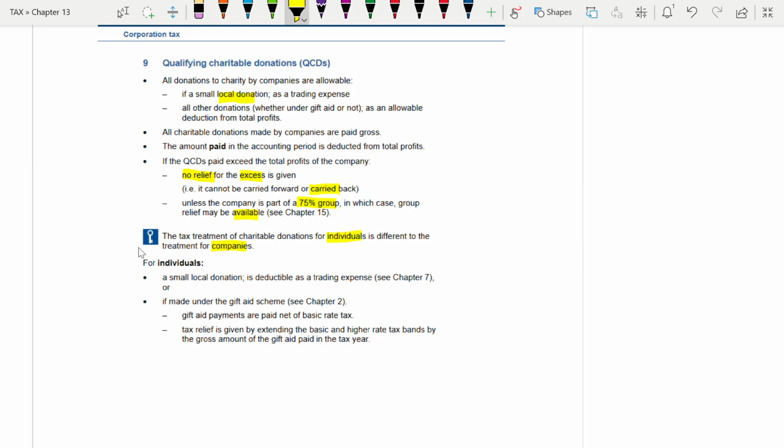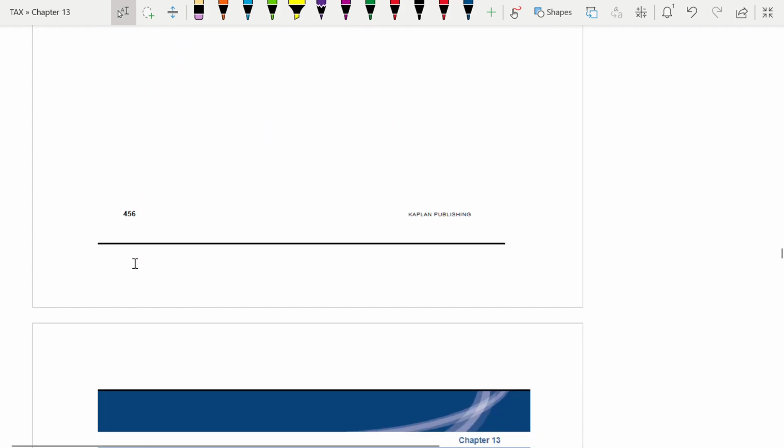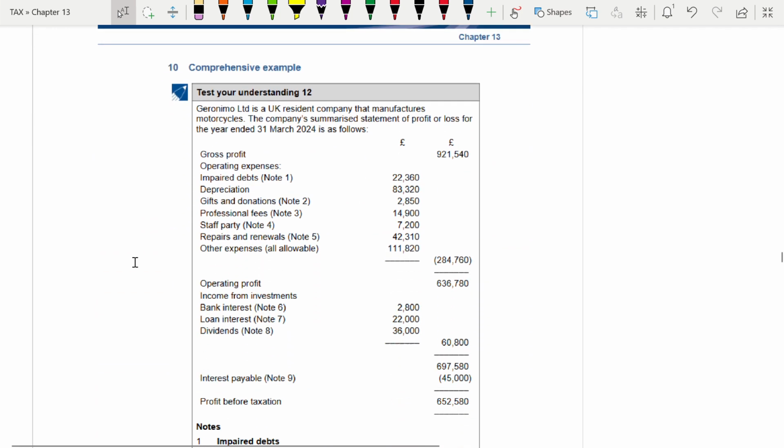For individuals, a small donation is deductible as a trading expense, or if made under the gift aid scheme, chapter 2, gift aid payments are paid net of basic rate tax. Relief is given by extending the basic or higher rate bands by the gross amount of the gift. Whatever the amount paid, that will have the advantage for us.